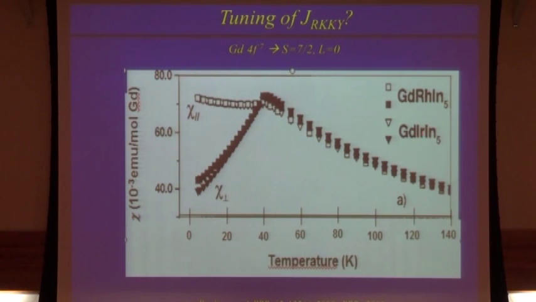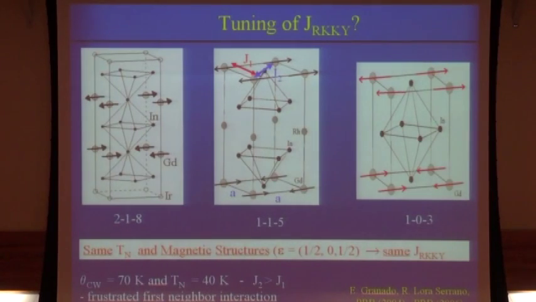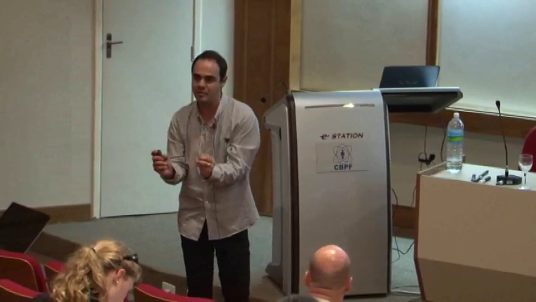We have rhodium and iridium, and also we can go to our synchrotron and determine the magnetic structure of all of them, and we find some interesting results that I won't discuss, but we did find that the T_N for cubic and tetragonal 218 and tetragonal 115 are the same.